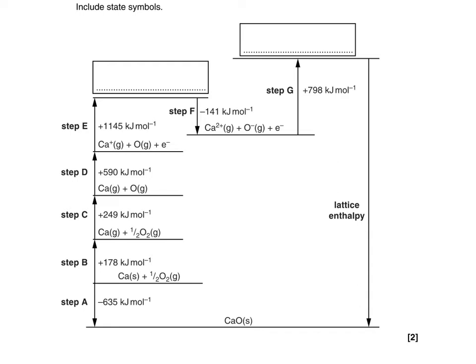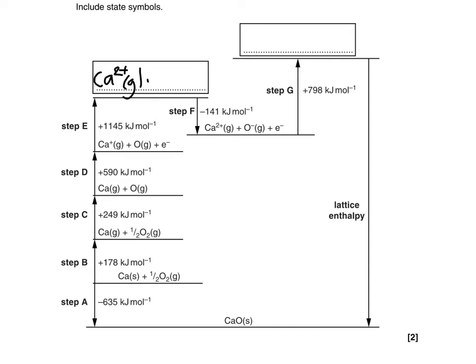So looking up from step D, we have calcium changing to calcium plus. And then step E, something is changing, that means that we end up with calcium 2 plus and oxygen minus. So the obvious thing here is that our second electron is being removed.